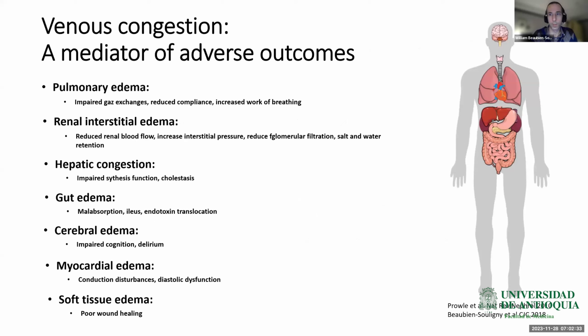So now we showed that these ultrasound markers are associated with adverse outcomes, but now comes the question, is there something that we can actually do about it? So there are multiple potential applications of venous Doppler in the operating room and in the ICU. For example, for optimization of pre-op risk assessment, for early detection of congestive physiology in your patients, later on post-op to diagnose the congestive complications when they occur and to identify congestion as a potential component of ongoing organ injury.